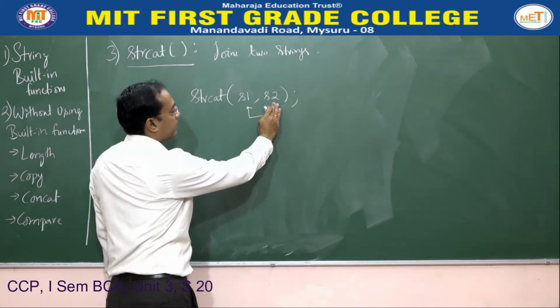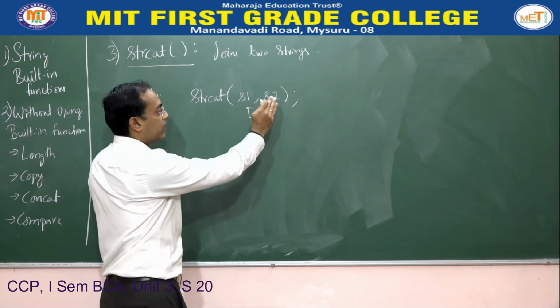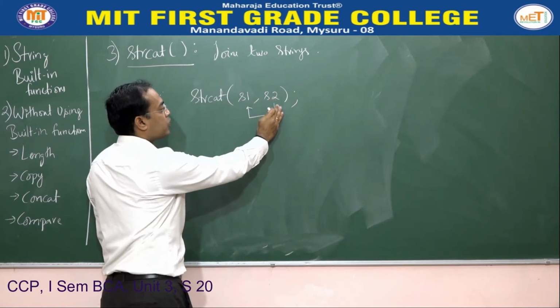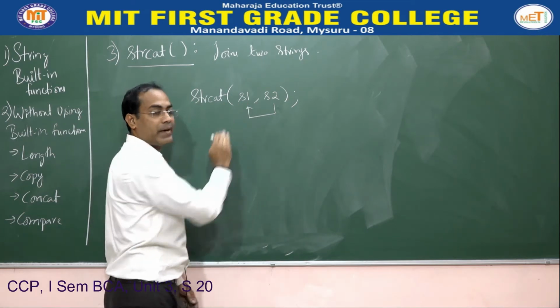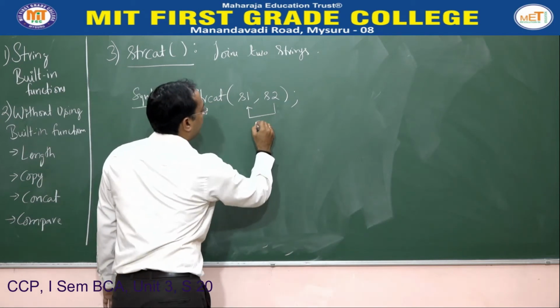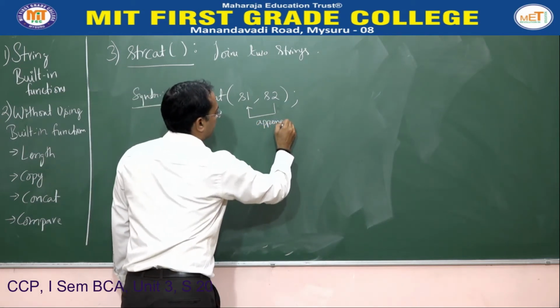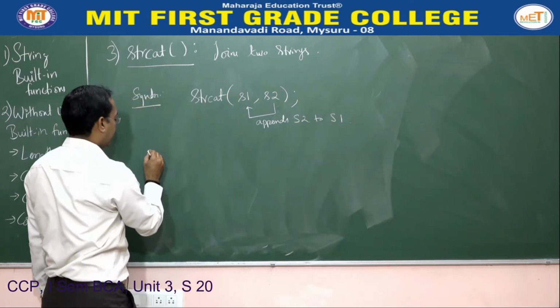In this case, the contents of S2 will be attached to S1. Once again, the contents of S2 will be appended to S1, joined to S1. So S1 will have both the strings together. It appends S2 to S1. We'll take an example.